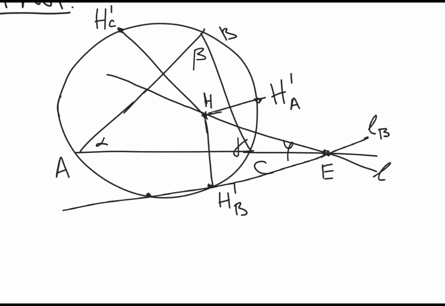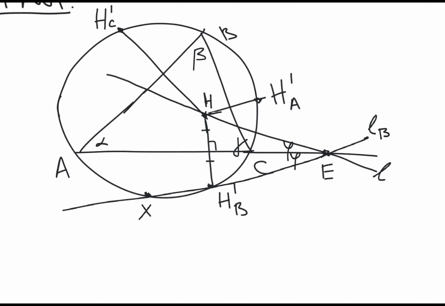Let's denote this point as X, the second intersection point of this line L_B with the circumcircle. From the symmetry, because this is symmetric, we know that this angle is also phi. So the angle AEX is also phi.